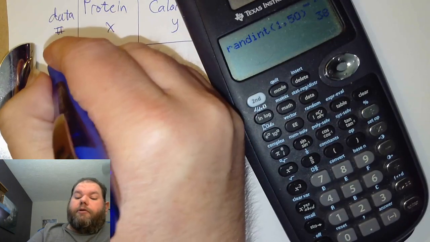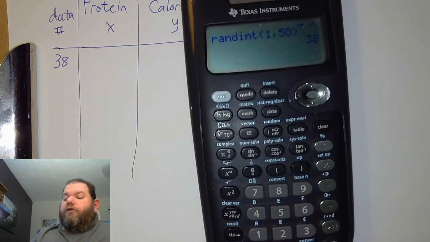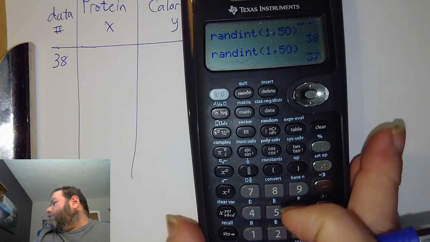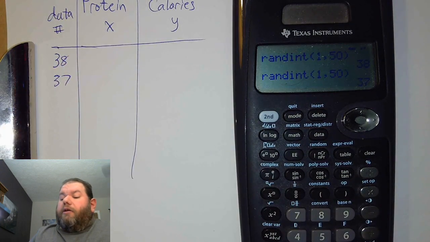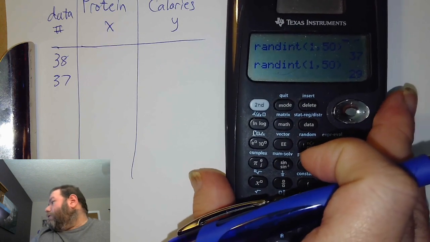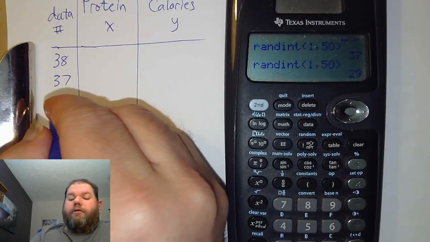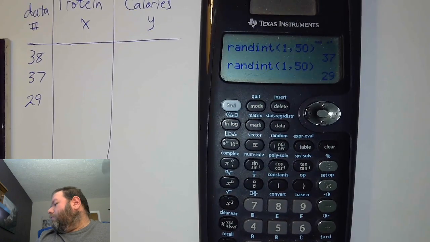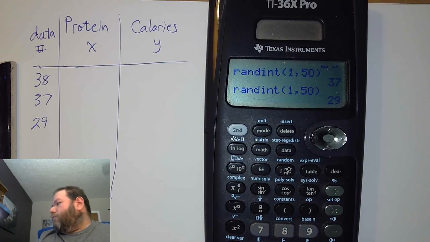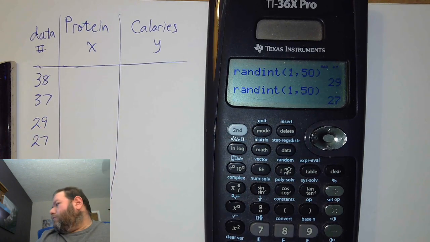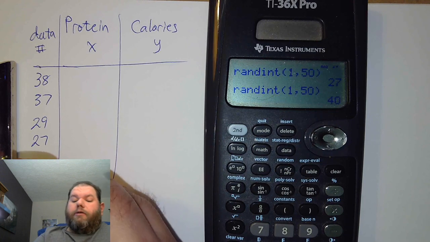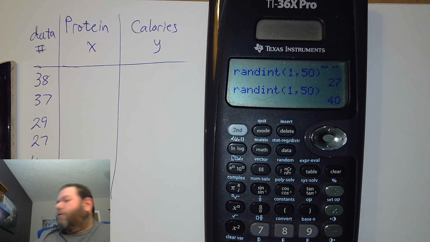So I can mark down the number 38. And if I just press enter again, it repeats the process, gives me 37. I'll keep going until I have 6 different numbers to work with here. So 29, 27, 40, and 39.